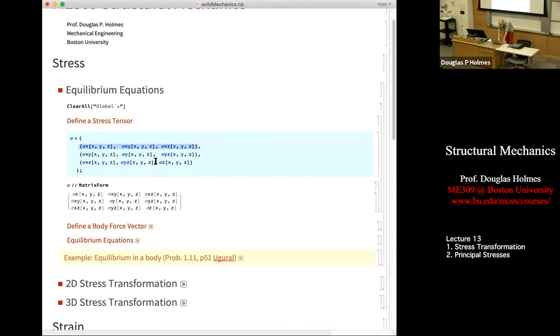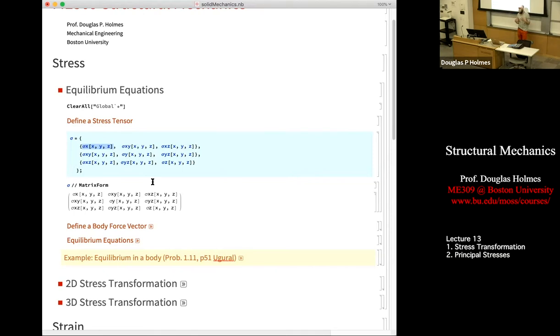And the important thing is that you are telling Mathematica that each component of your stress tensor, one of the entries in this matrix, depends on something. So here's the XX component of your stress tensor. I use the shorthand sigma x here; I should have probably used sigma xx. Sigma x and sigma xx are kind of used interchangeably.